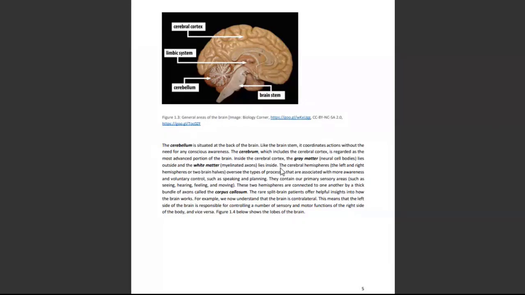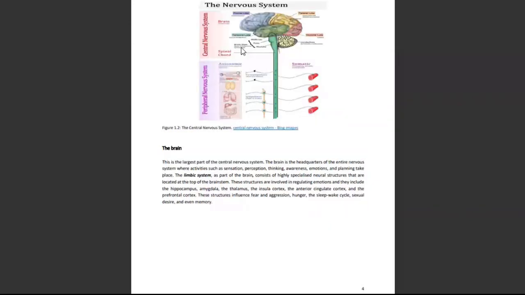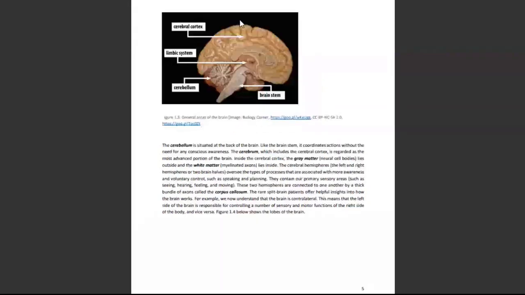The cerebral hemispheres: your brain is divided into two, the left hemisphere and the right hemisphere. The cerebral cortex has left and right hemispheres, two halves. The brain is divided into two halves. This is a half. This is your brain. Then inside it is divided into two halves. This is the side, it's another half.